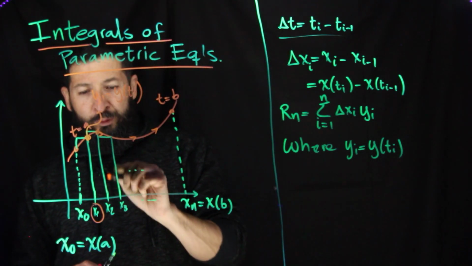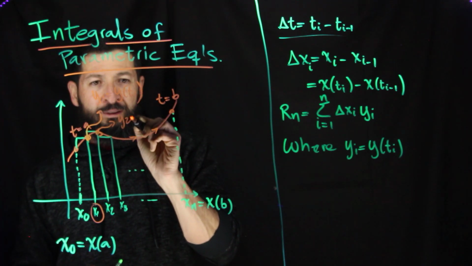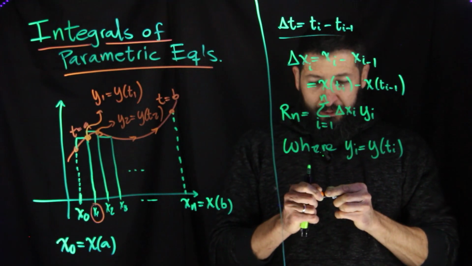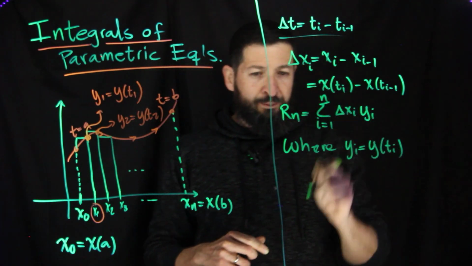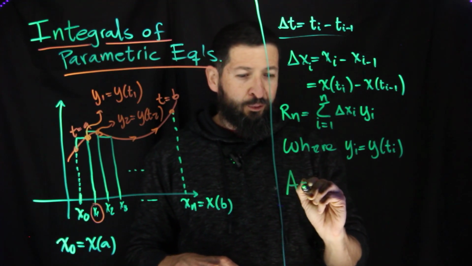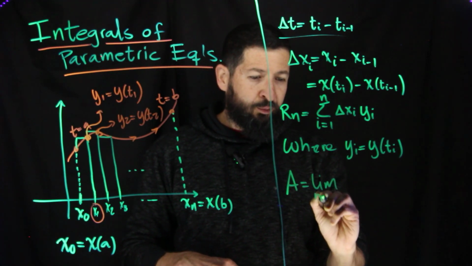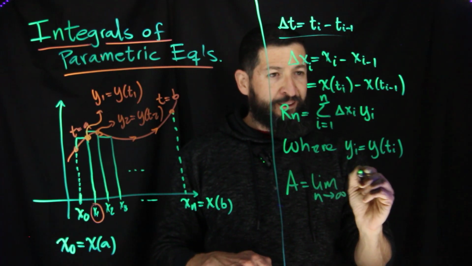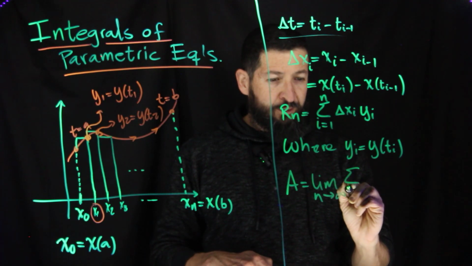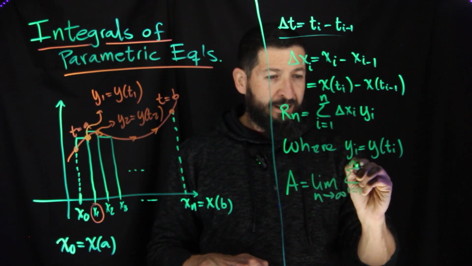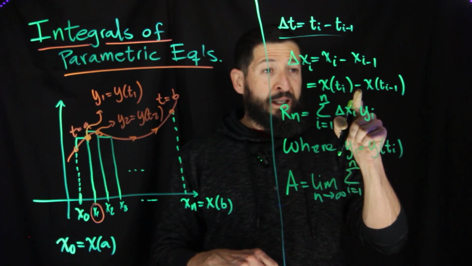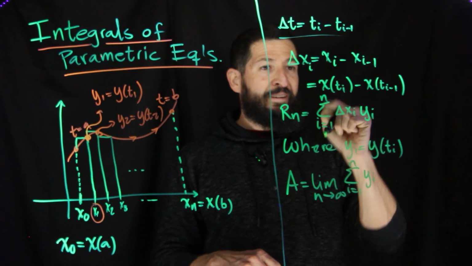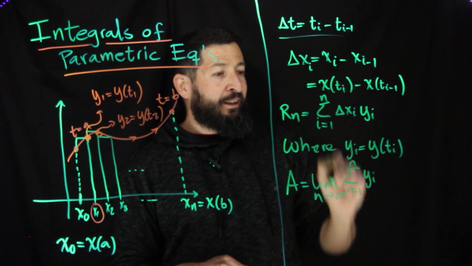So now this one, for example, would be y2. And y2 is going to be y evaluated at t2, and so forth and so on. So the area is going to be the limit as n goes to infinity of this right here, which is going to be written like this: the sum from i equals 1 to n of, let me write the yi first, and then let me write out this delta xi.